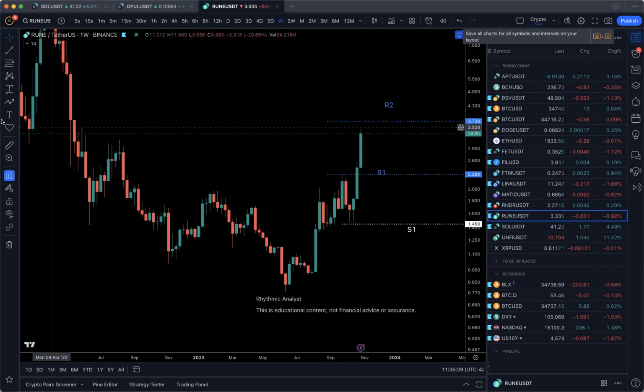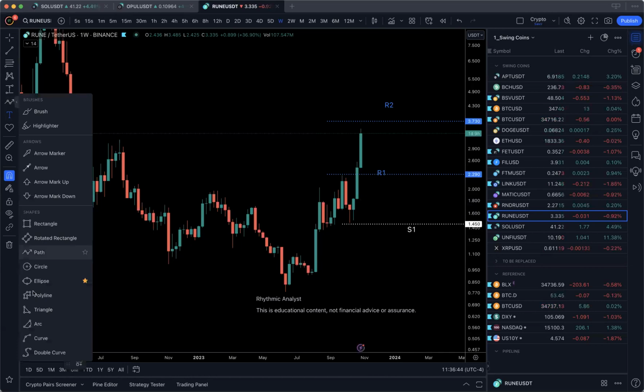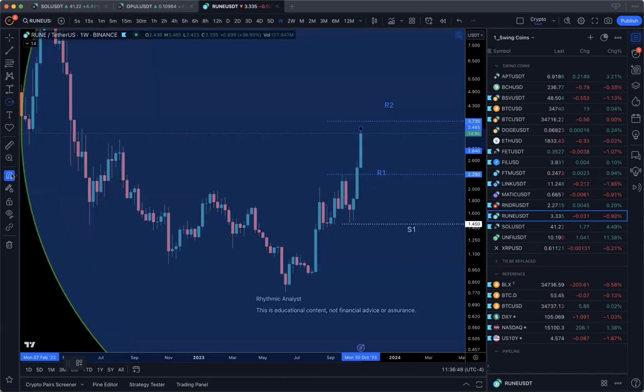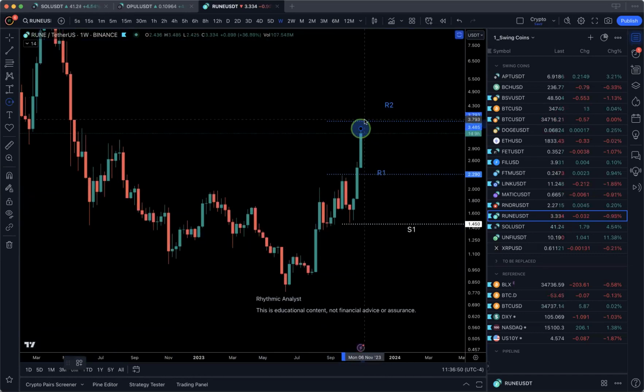Assume that a zone is always like this bubble. That bubble could become a rectangle or something like that, but expect some reaction, something like this.